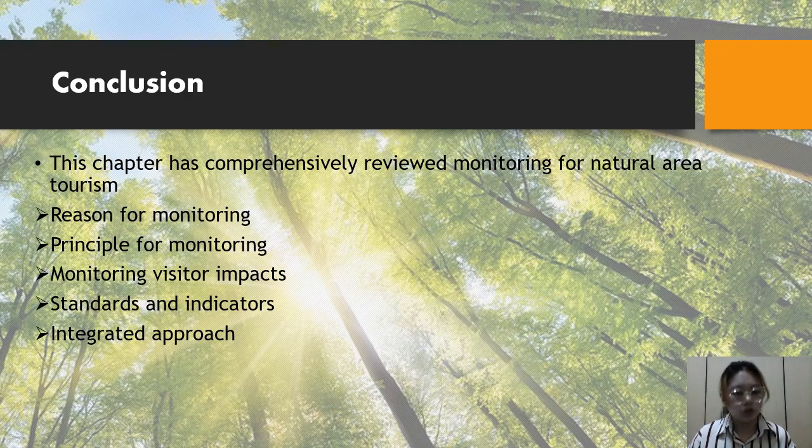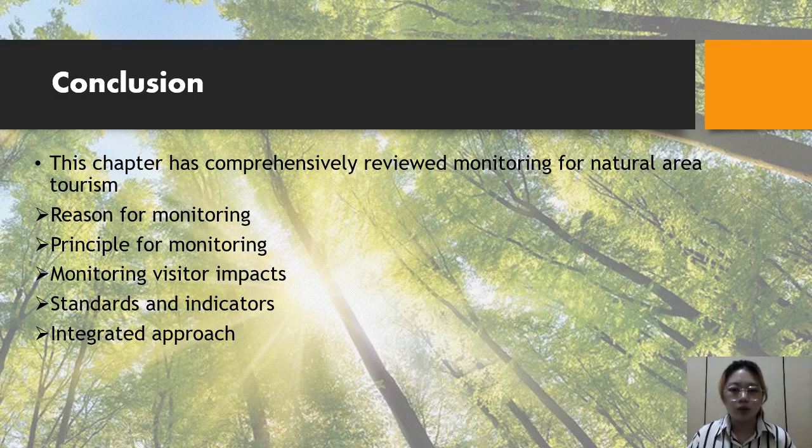So, in conclusion, this chapter has comprehensively reviewed monitoring for natural area tourism, moving from general considerations such as the reasons for monitoring and guiding principles. Depending on the objective for resource monitoring and the resources available, either a rapid or a more time-consuming measurement-based approach can be applied.